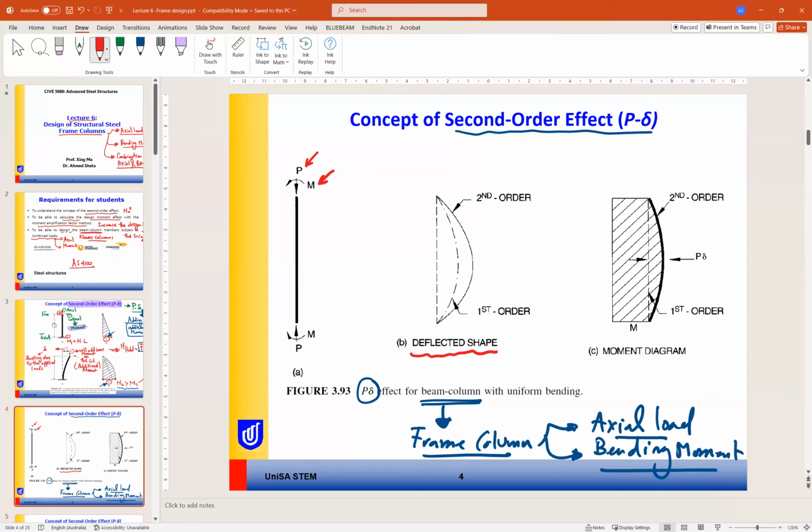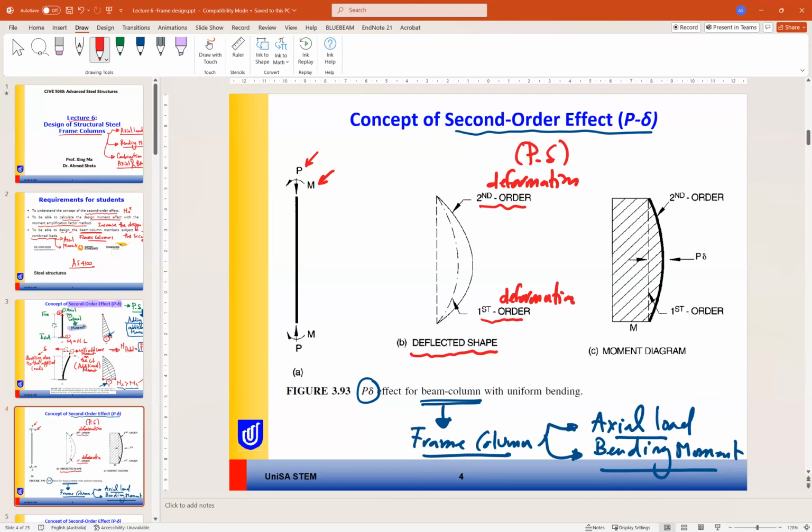So we have first order deformation and second order deformation. The second order deformation is from the P delta effect. That's why we call it second order effect.